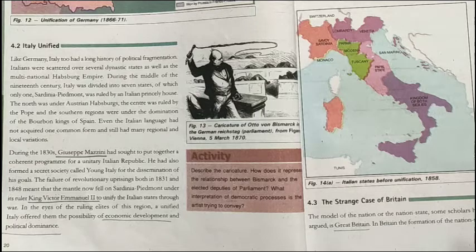But he could not succeed in carrying it further. But again, because of his effort, more people were drawn towards nationalism, not only in Italy but also in other parts of Europe.